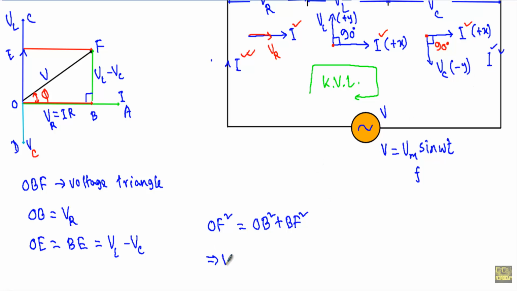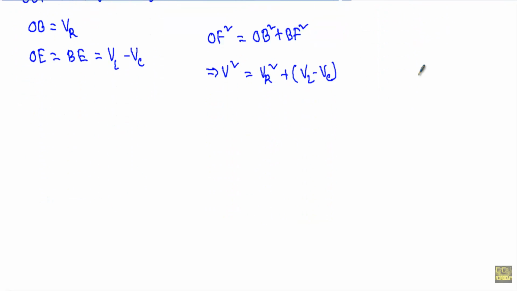OF is our applied voltage V. Therefore I can write V square equal to VR square plus (VL minus VC) square. VR equal to IR, and VL equal to IXL and VC equal to IXC.